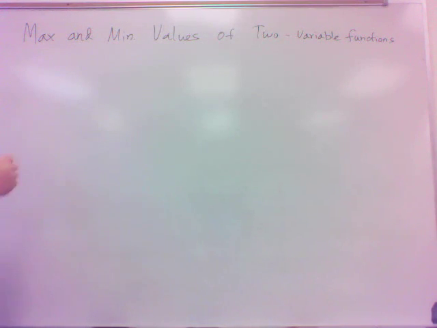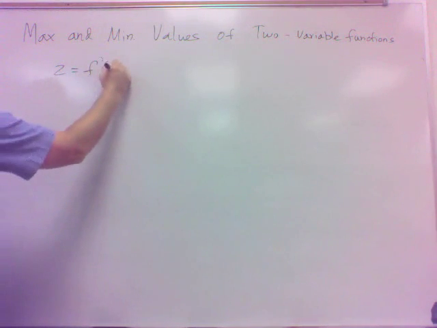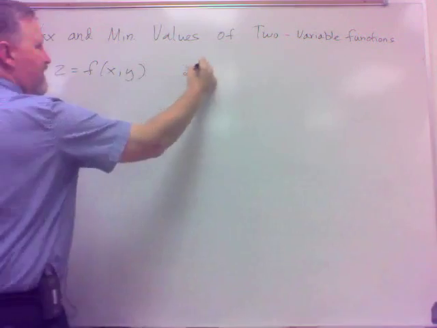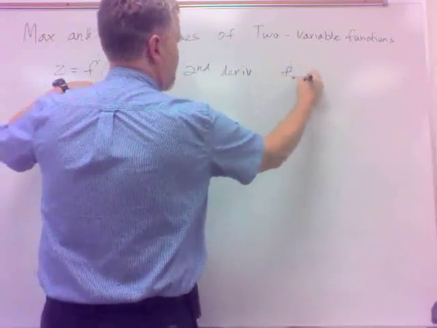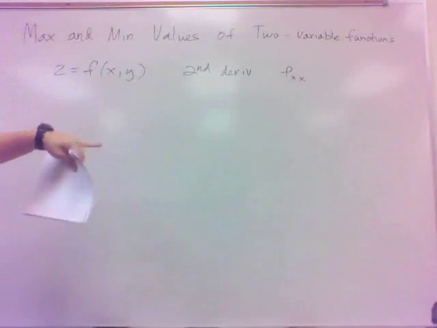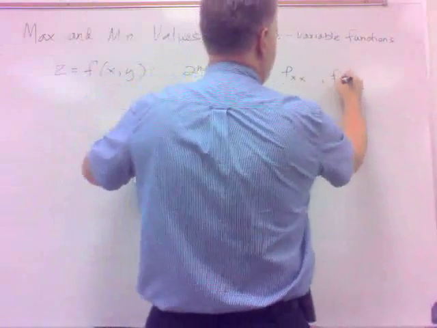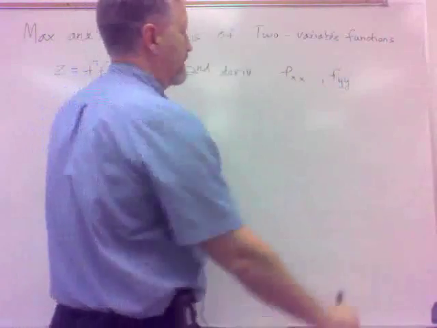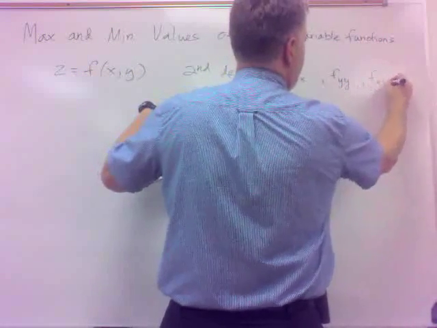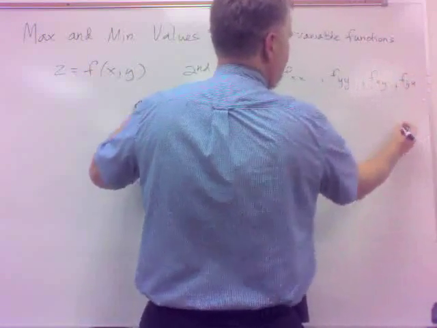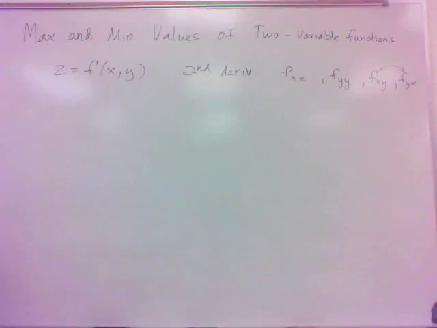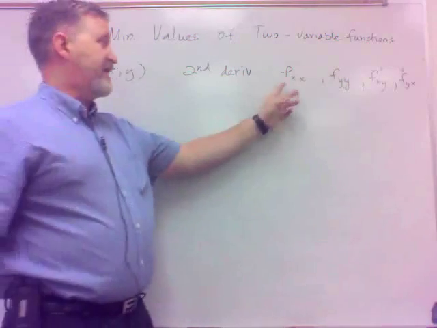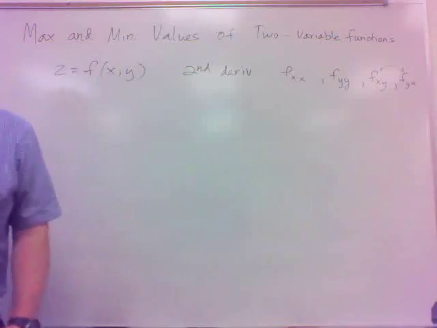If you've got z equals f of xy, then you've got the second derivative xx, the second derivative yy, xy, and yx. The good thing is, if they're continuous and so forth, those two are equal. But you've got the partial derivative with respect to x, and then with respect to x again.